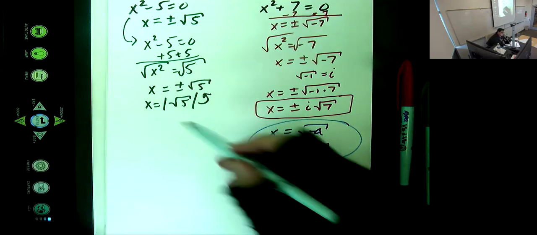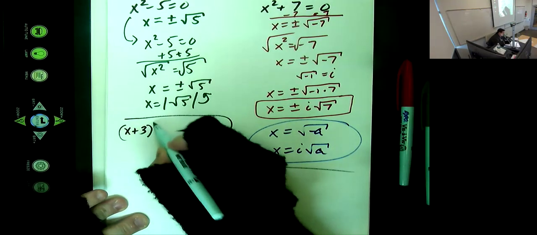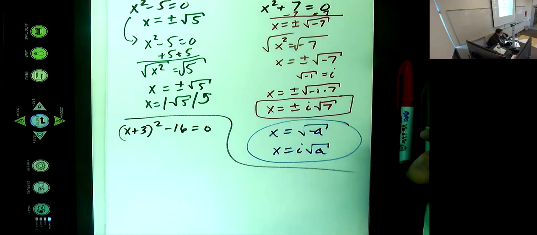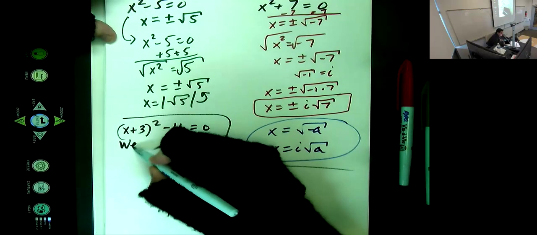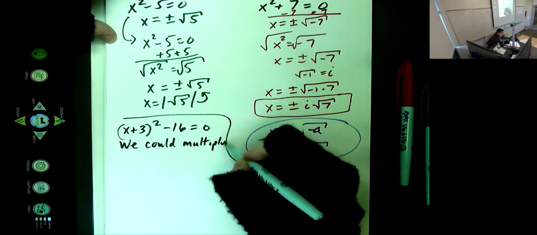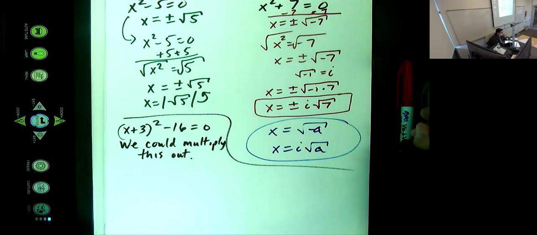Okay. x plus 3 squared minus 16 equals 0. We could multiply this out, but extracting square roots is much quicker.